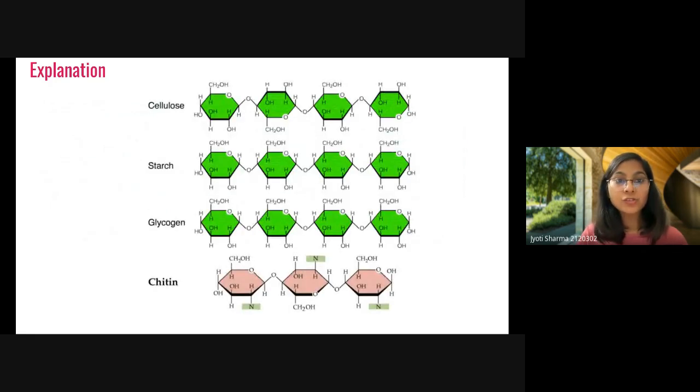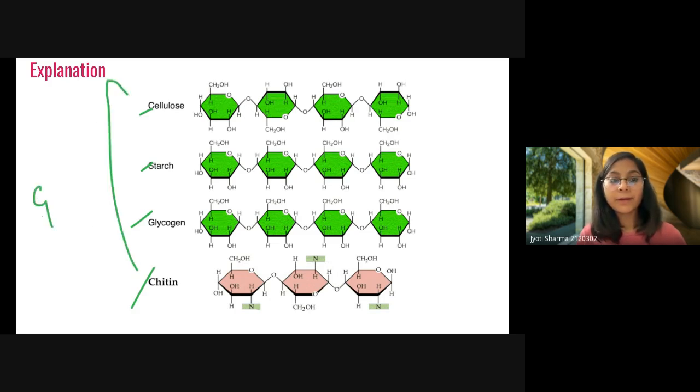And if I show you the structure here, just see here, this is the glucose. Either it is cellulose or starch or glycogen or chitin, these four are made up of glucose. These are made up of glucose only. So see here, this is the glucose structure. This is the glucose structure. This is the glucose structure.